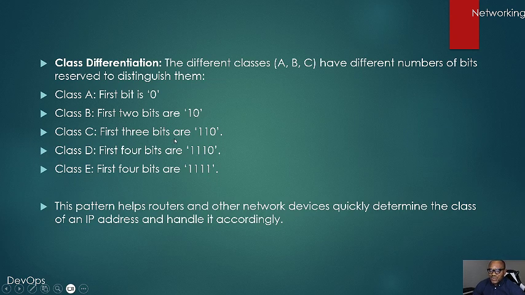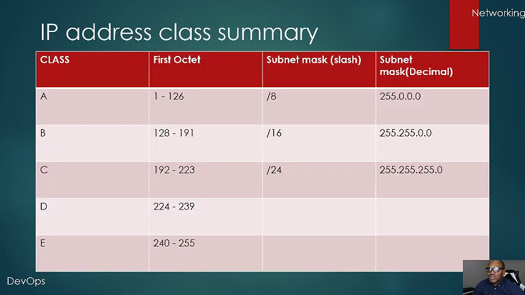The first 3 bits of the first octet in a Class C IP address are 110, the first 4 bits of the first octet of a Class D IP address are 1110, and the first 4 bits of the first octet in a Class E IP address are 1111. So this pattern helps routers and other network devices quickly determine the class of an IP address and handle it accordingly. So this is the summary.